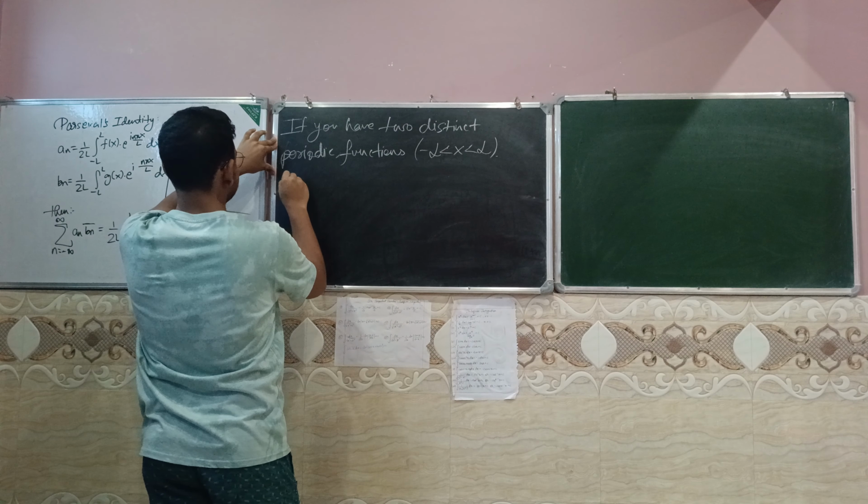Basically you have to calculate all these things. You have this function f of x, you plug that in and you will get some a sub n and b sub n.